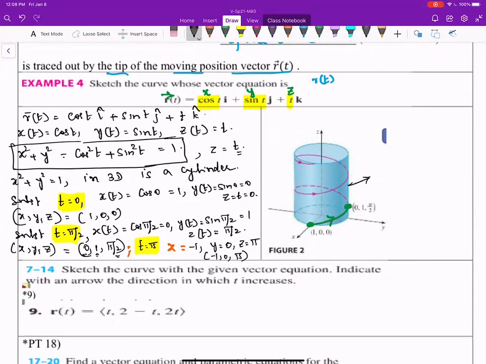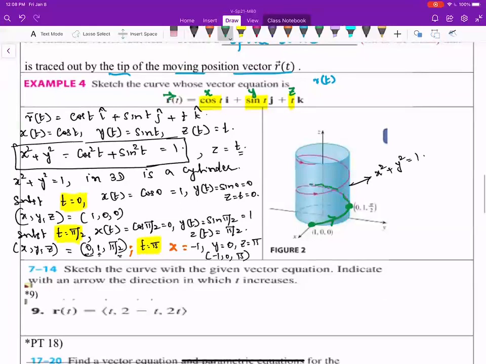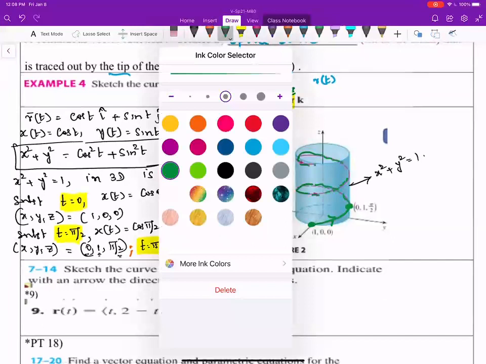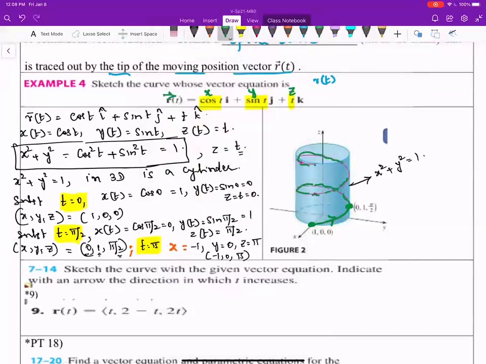So this is a cylinder whose equation is x squared plus y squared equal to 1. And what is shown in green is the space curve, drawn counterclockwise. You can see there's an animation. This particular space curve is also named a helix.